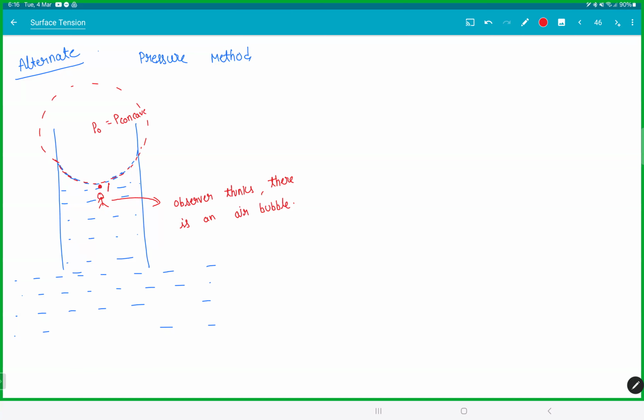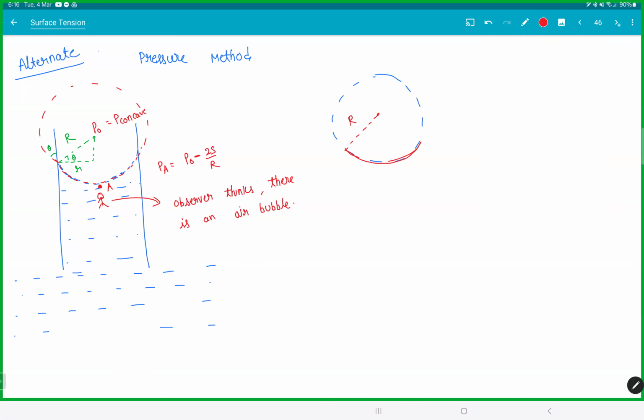So at this point A here, the pressure PA will be P naught minus 2S by R. Now be careful, this R is different from small r. This is capital R. This is small r. This is theta, this is theta. Meaning I'll just show that again. So if you look at that surface there, this was the meniscus.